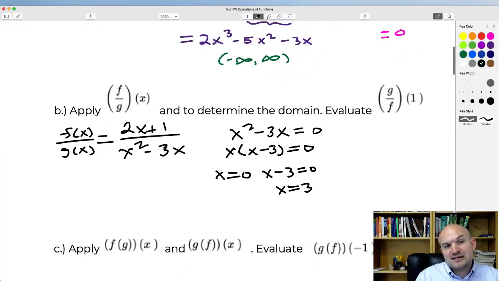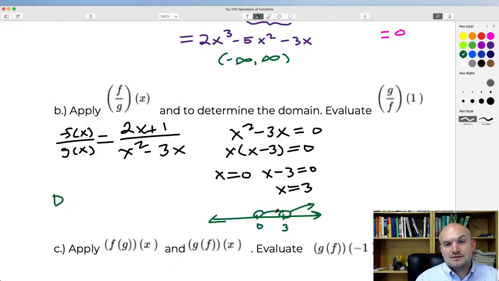So if I wanted to identify the domain here, I'll use green. The domain in this case is going to be all real numbers except for 0 and 3. If we looked at a number line real quick, 0 and 3 are the only values that are not in the domain.